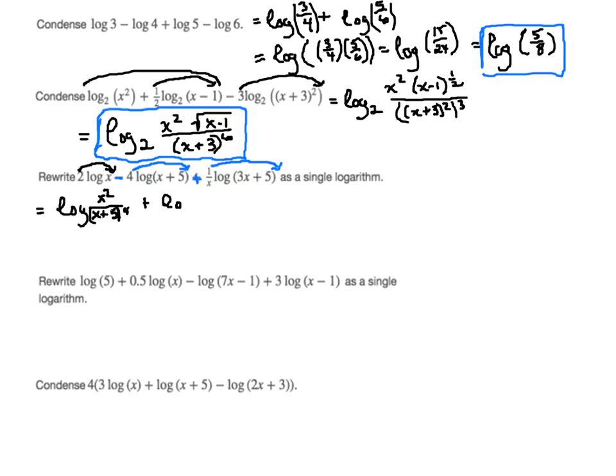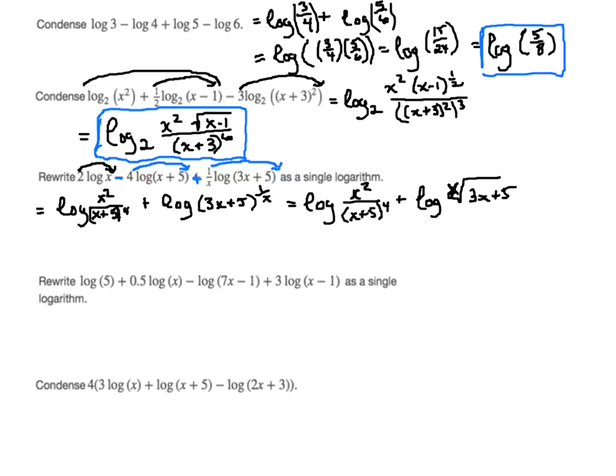And then that's plus the log of 3x plus 5 to the 1 over x power. So I'm going to do one more simplification before I put these together. So this is log of x squared over x plus 5 to the 4th plus the log of the x root. That's the 1 over x power there, the x root of 3x plus 5.